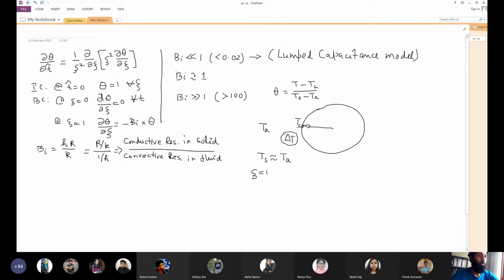Let me check because there are two definitions. Both are fractions of unaccomplished change, theta and 1 minus theta both are used. T minus TA over T0 minus TA, yes, exactly this is what we used. And at zeta equals 1, because Ts is approximately TA, we can replace this boundary condition as theta equals 0.